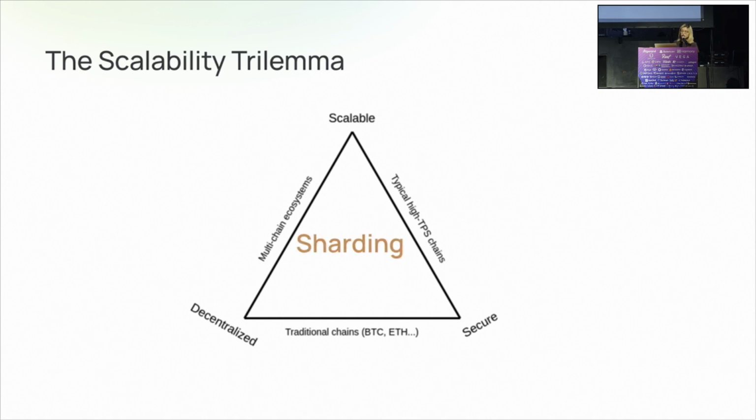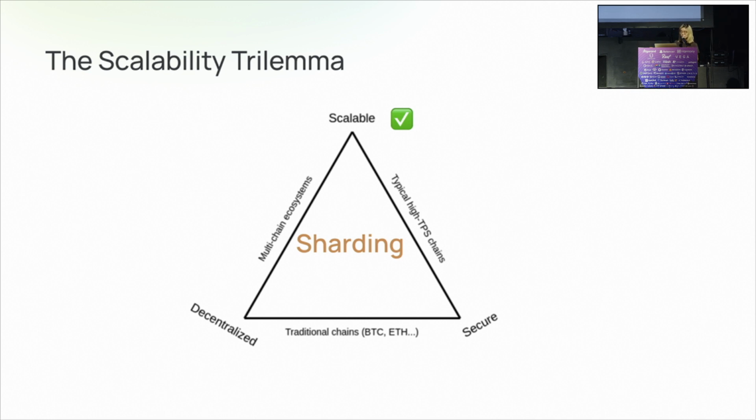Now, sharding solves this trilemma by not requiring every node to process all transactions and do all the work by themselves, by spreading the load among different shards. So the more shards we have in a system, the more processing power we have in the blockchain. So the blockchain becomes scalable.